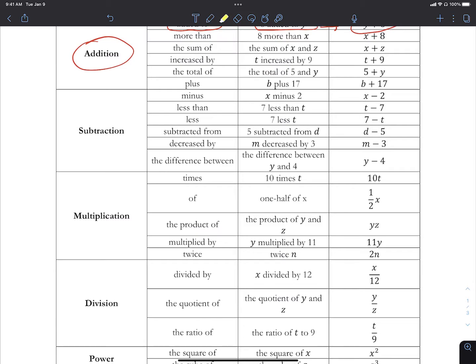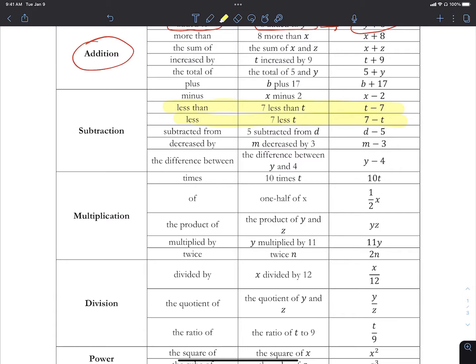So two of them that maybe seem to trip some people up, I'll highlight, is less than and less for subtraction. So notice the first one has the word less than. So if you have 7 less than t, the order actually flips when you put it into a variable expression, right?